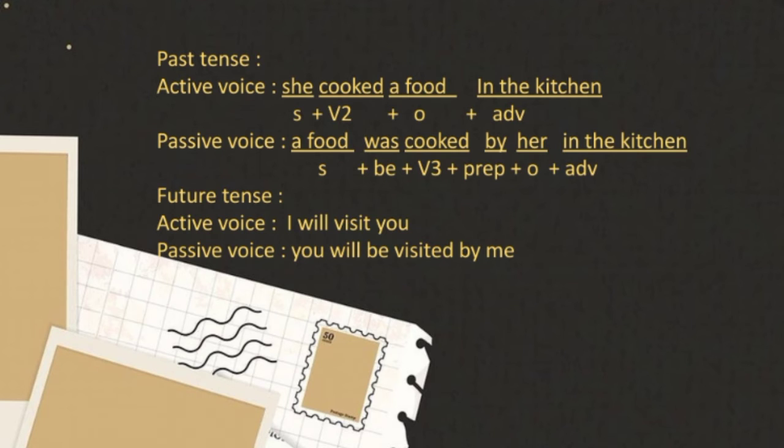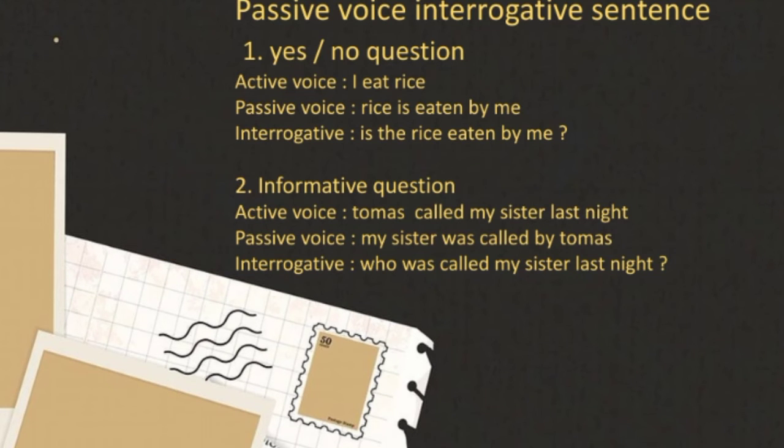And for the next, how do we make a question sentence using passive voice? Here I will let you know how to make it. First, the normal sentence in passive voice is "The rice is eaten by me." If we want to make a question sentence, we put the to be first.